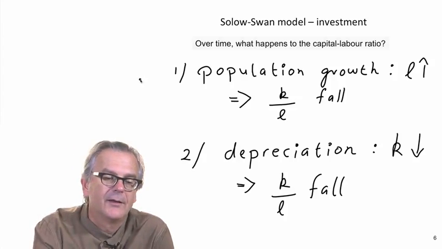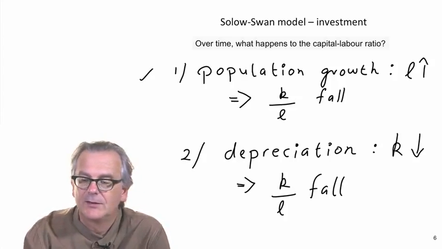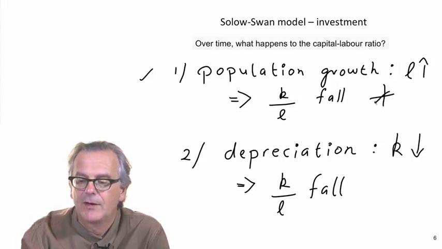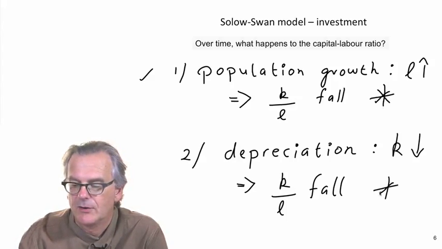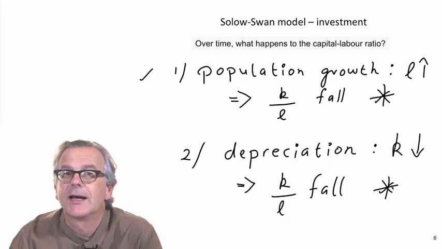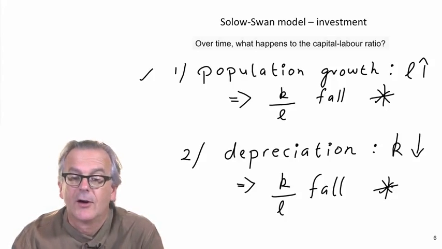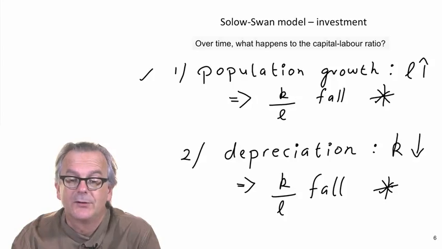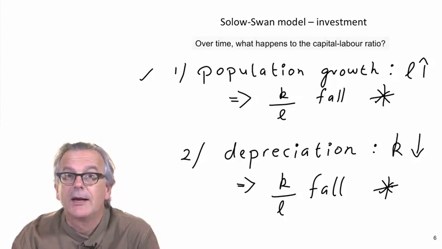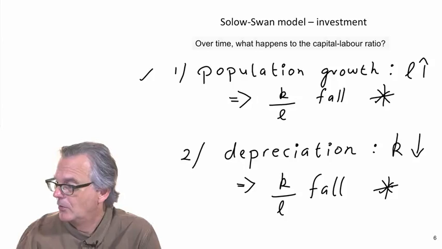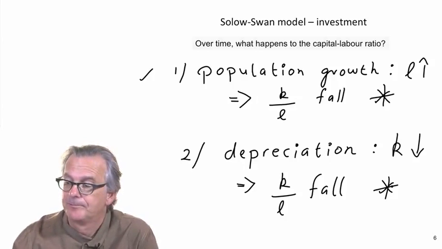Now, in reality, these things probably happen simultaneously, but they both have the important implication that over time there are forces at work due to the nature of the capital-labour ratio implying that that ratio will diminish in value through time.